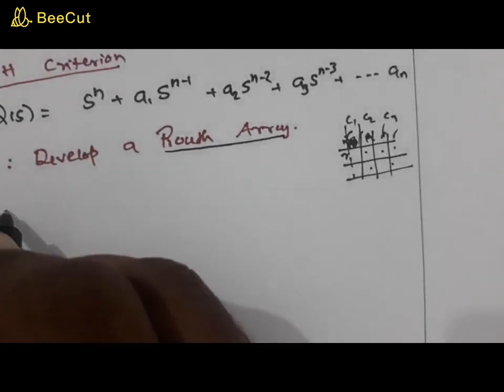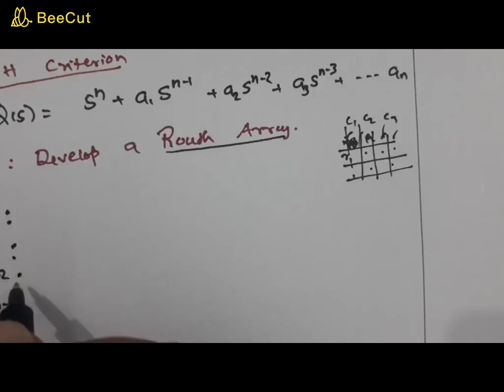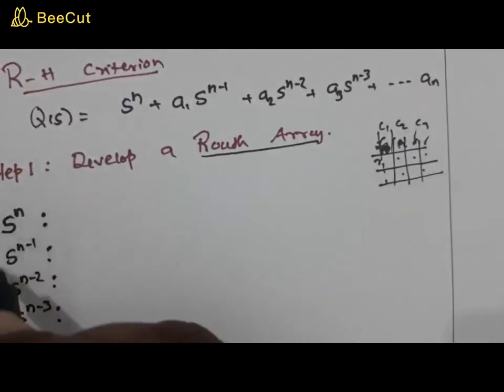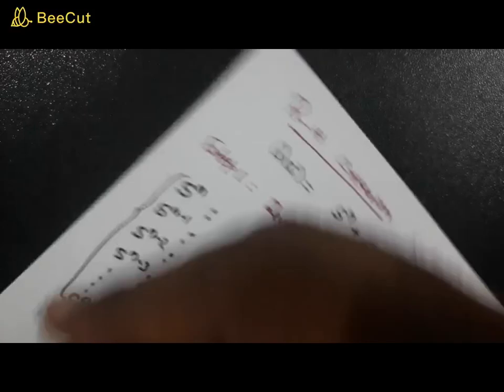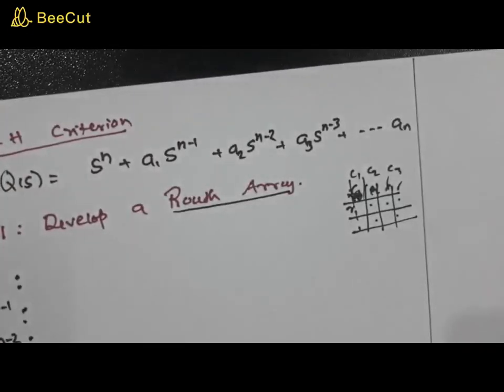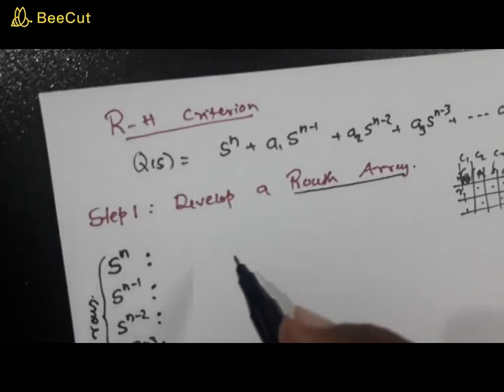Okay, so how many rows will this array have for an nth order polynomial? You will be having n rows, right? Because it's an nth order polynomial.